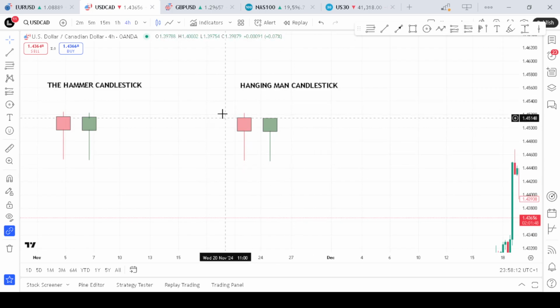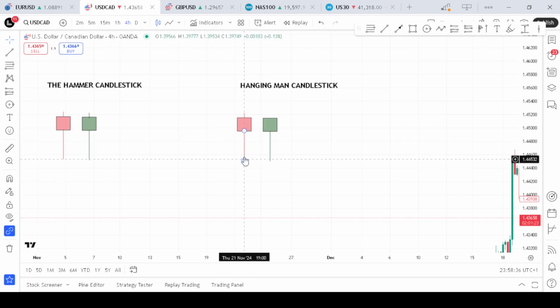The hanging man pattern warns us that despite buyers pushing price higher during the trend, sellers start to step in. The long lower shadow shows that the sellers were able to push price down significantly during the session, but buyers managed to push it back near the opening.